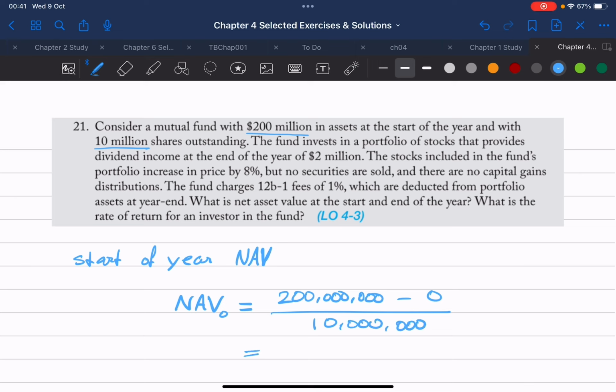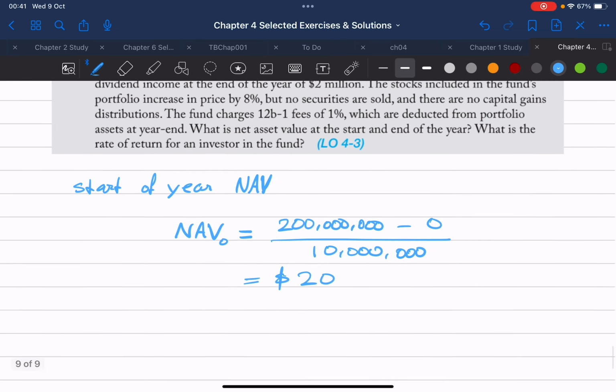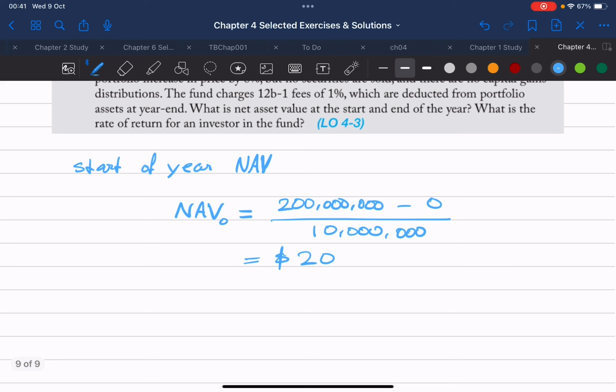All right, that would be 200 million divided by 10 million, and that would give us $20. Okay, so that would be the fund's net asset value per share at the beginning or at the start of the year.